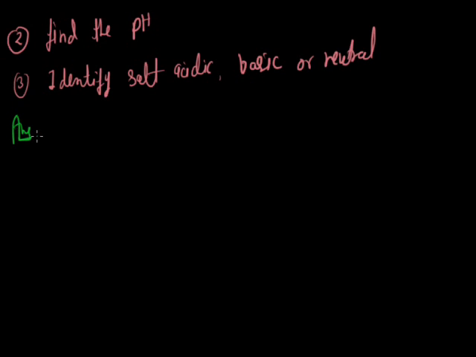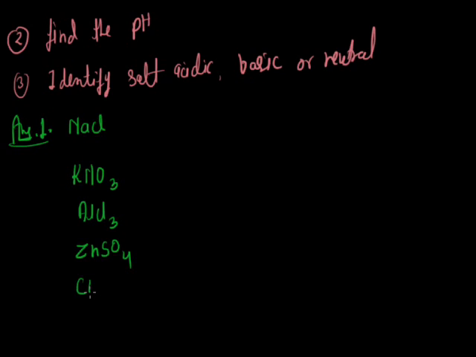First we will take all of the salts in tabular form. First is sodium chloride, NaCl. Second is potassium nitrate, KNO3. Third is aluminium chloride, AlCl3. Next zinc sulfate, ZnSO4, and copper sulfate, CuSO4.